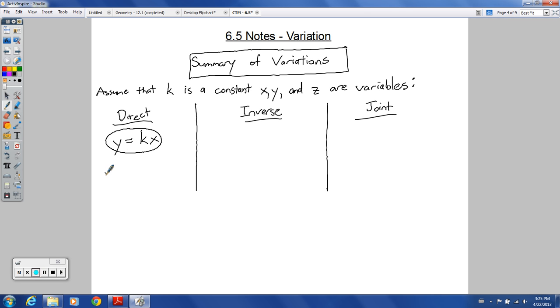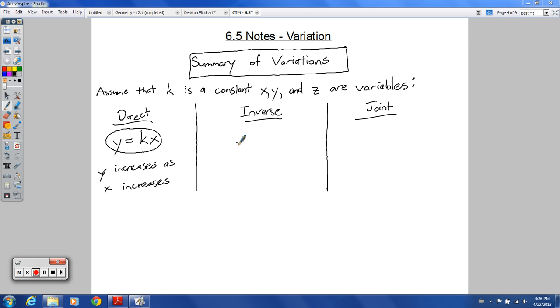So in this one, y increases as x increases. So as the values you plug in for x get bigger, that means you're going to get values here that are also going to get bigger. So y increases as x increases.